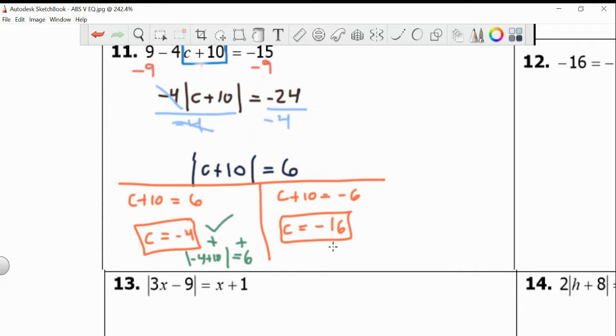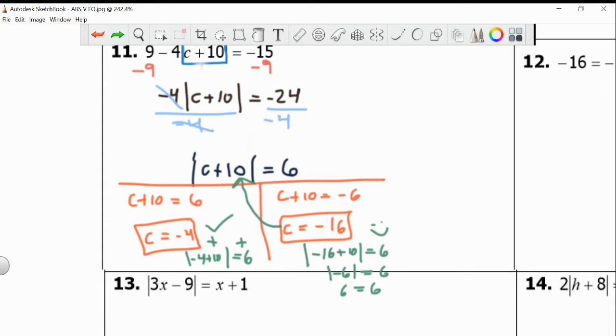So I'm feeling good. Again, -16 plus 10 is equal to -6. Remember, we're plugging it in all the way at the top. So we need a +6 over here, not a -6. Anyways, the absolute value of negative 6, which is 6, 6 equals 6. Happy.